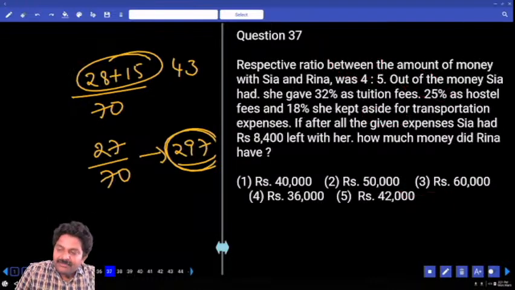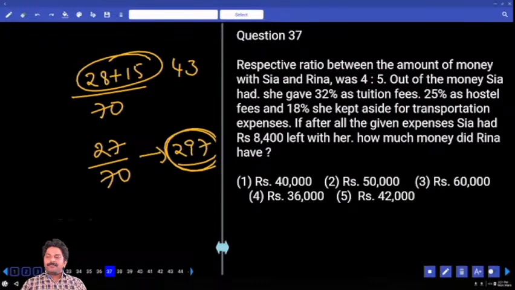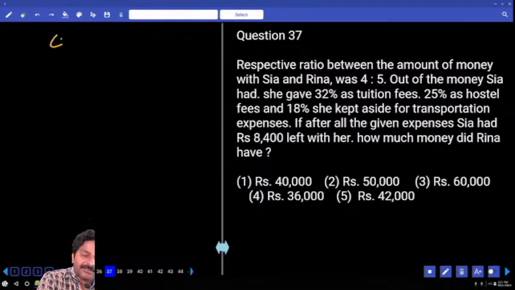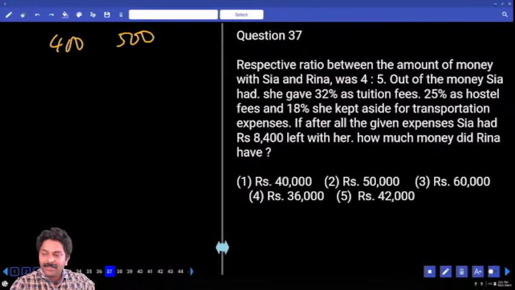The respective ratio between the amount of money with Sia and Reena was 4:5. So when I see 4:5, I'll start with 400 and then 500 for calculation purpose. Out of money Sia had, she gave 32% as tuition fee, 25% as hostel fee, 18% she kept aside for transport expenses.